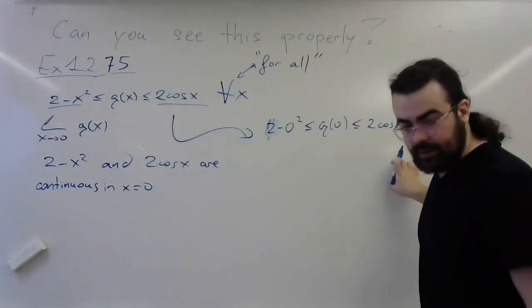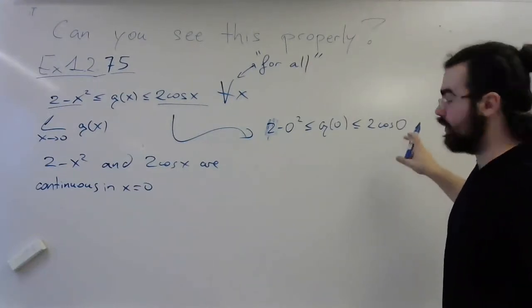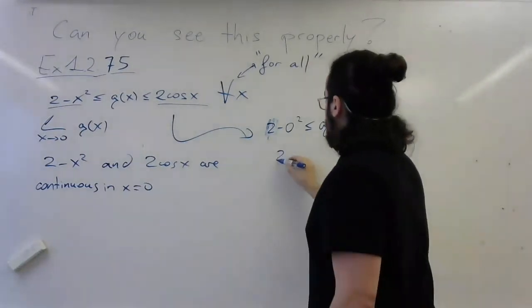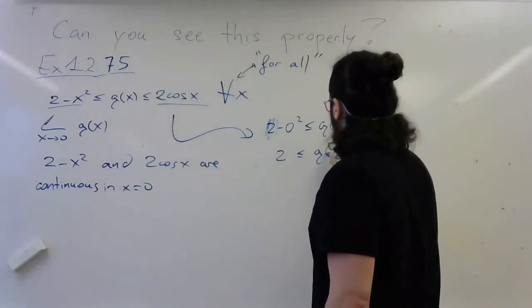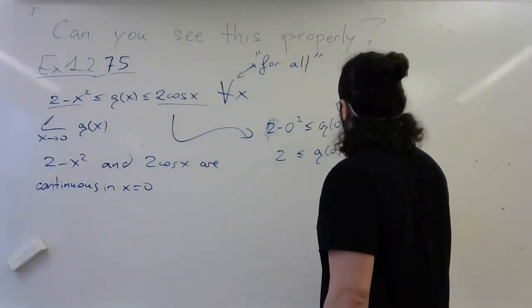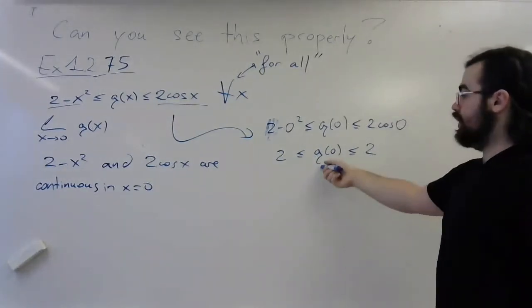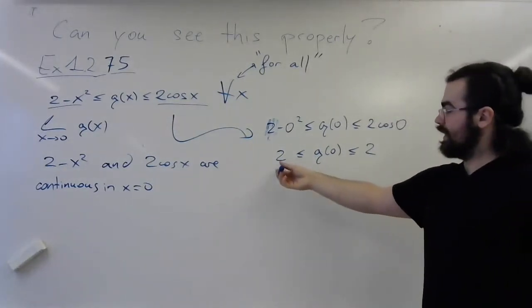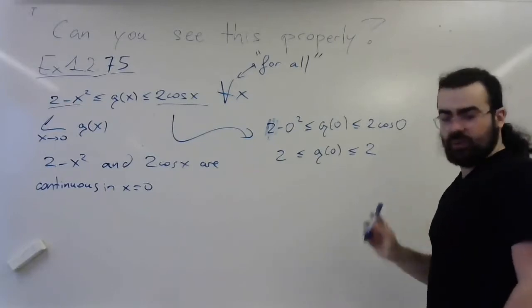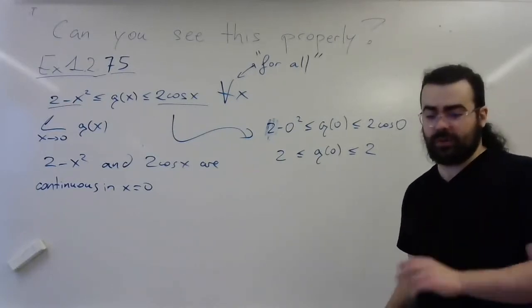The cosine of 0 is 1. And so g of 0 is between 2 and 2. So we know it's 2.